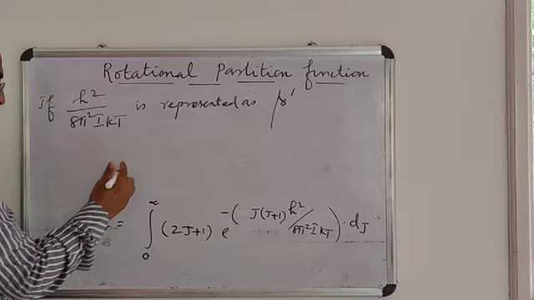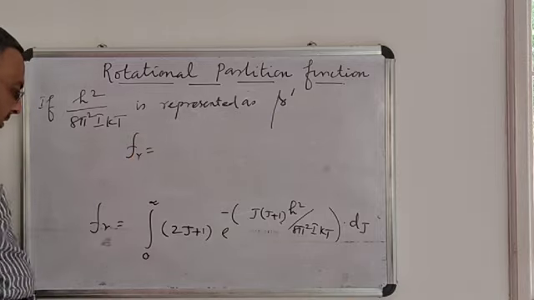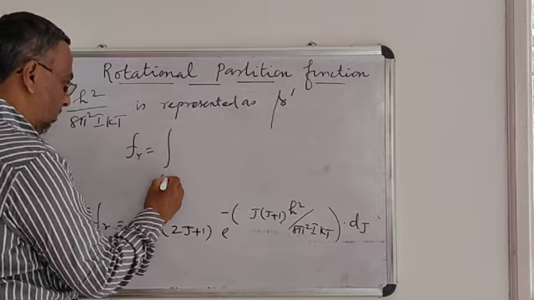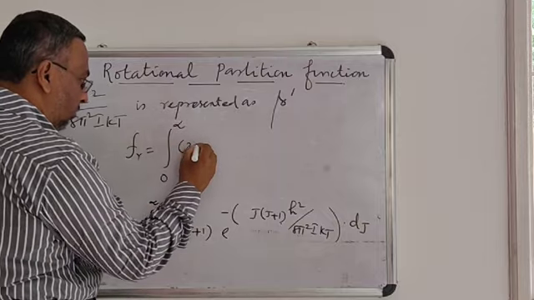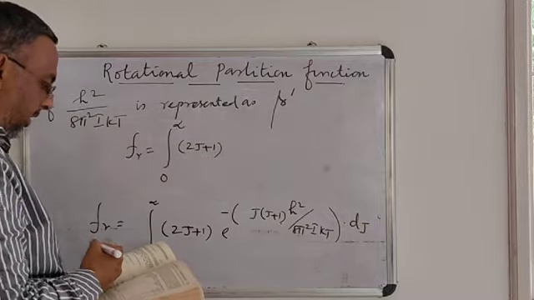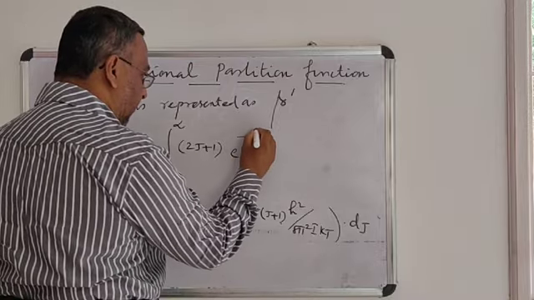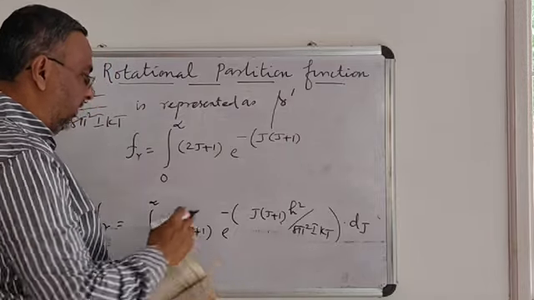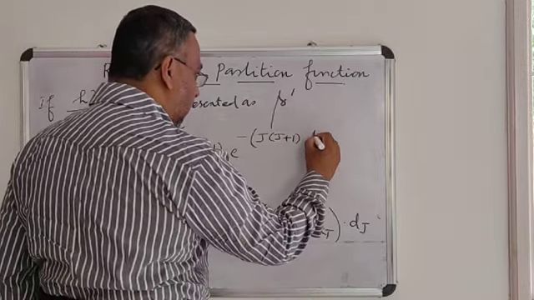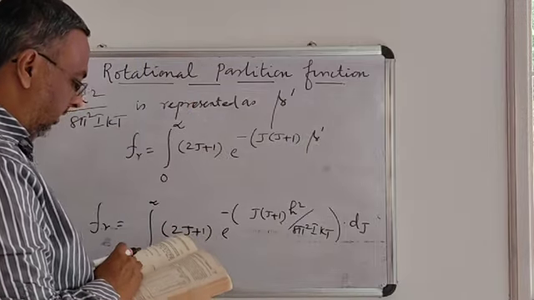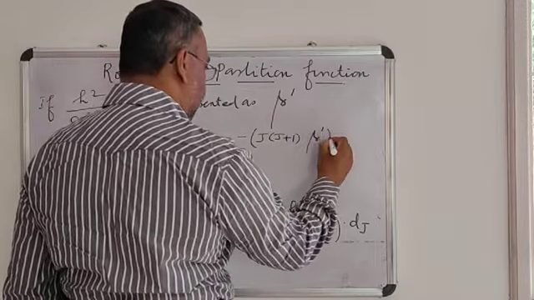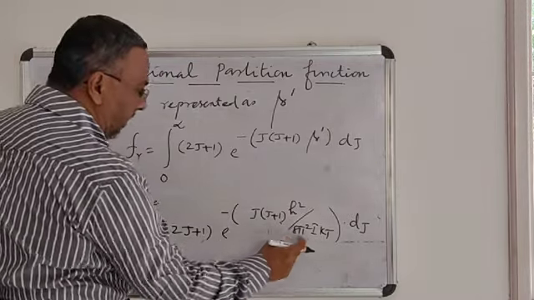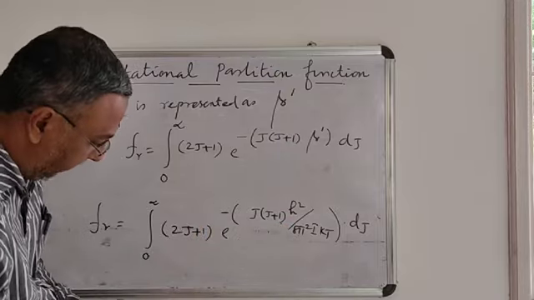So I can write the rotational partition function as the integration from 0 to infinity of 2J plus 1 into e power minus J into J plus 1 into beta dash, dJ. I have substituted beta dash for this value.